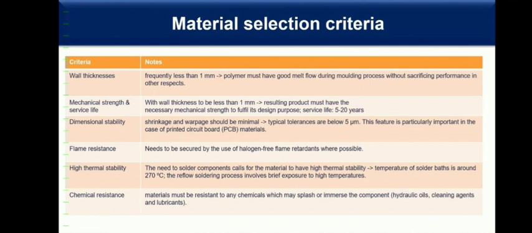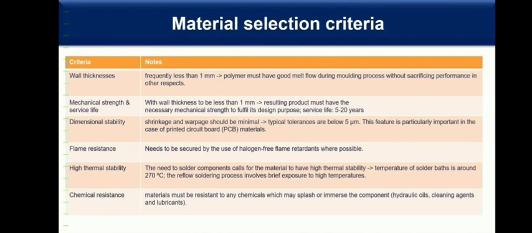We have to ensure that the selected material has shrinkage and warpage in a minimal range. We typically have tolerances below 5 micrometers, which is particularly important for printed circuit boards, or PCB materials, which need to be really flat to mount the different sensors on them.